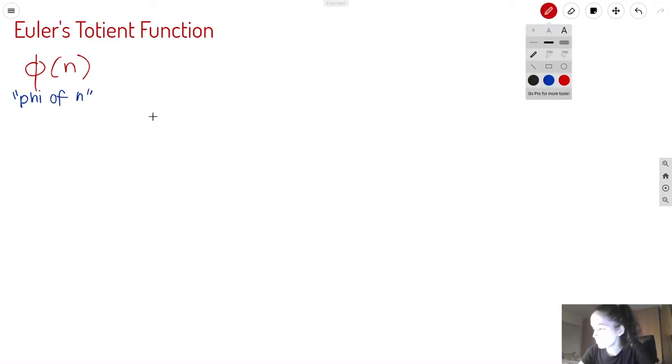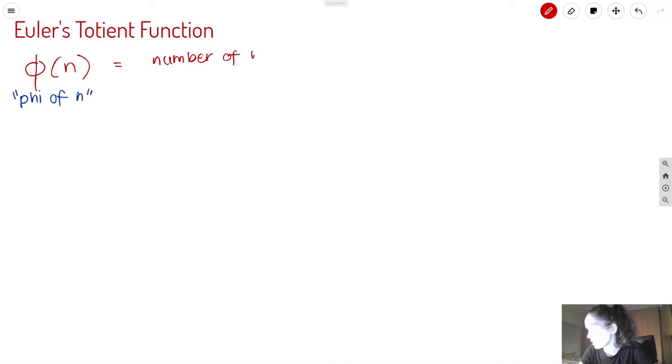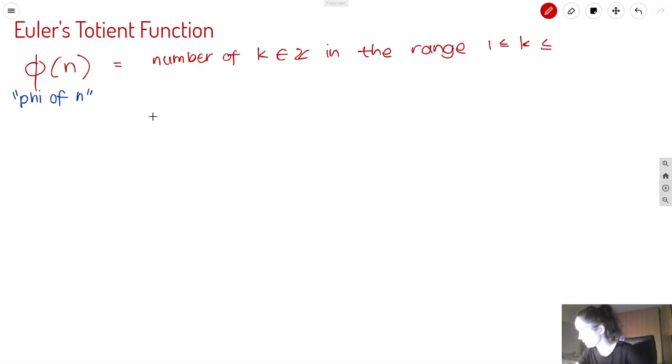And what this will be is the number of integers k in the range 1 to n, for which the GCD of n and k will equal 1.